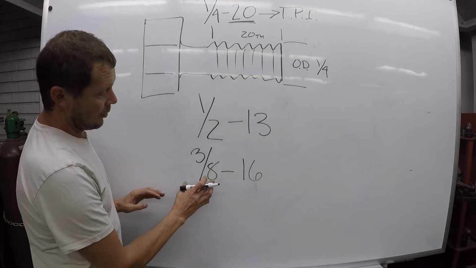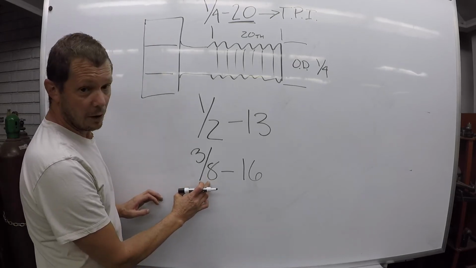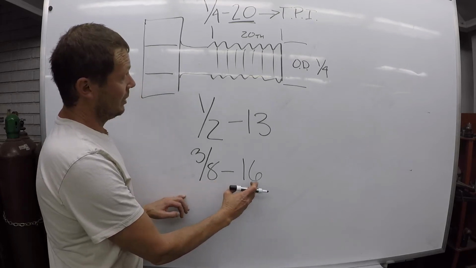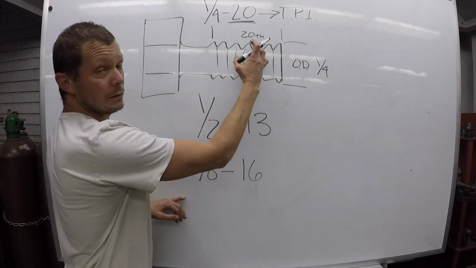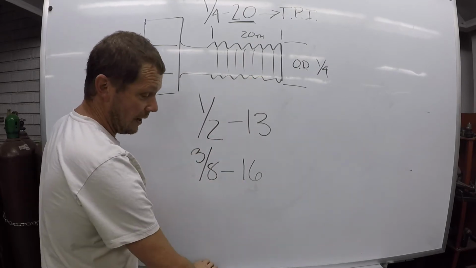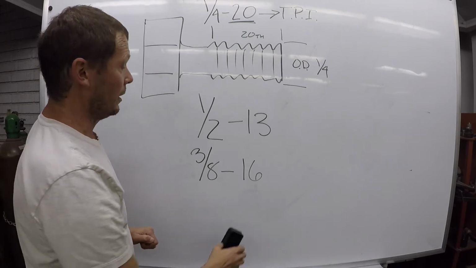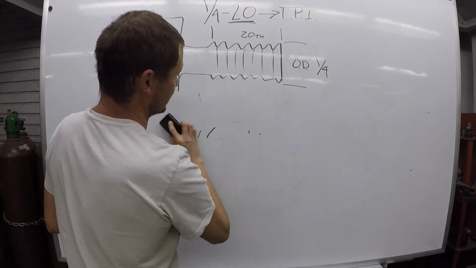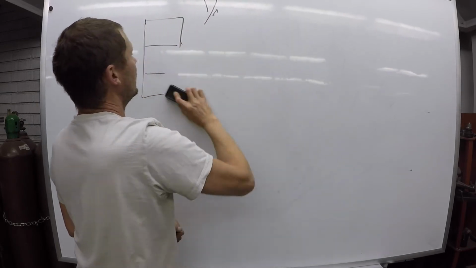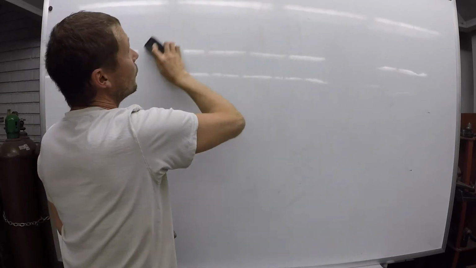It's saying that's the diameter of the screw or the bolt, and it has 16 threads per inch. This has a 1/2 inch diameter, okay? And it has 13 threads per inch. That is how it's been categorized. Pretty simple. Okay? Let's look at threads a little bit more in detail.